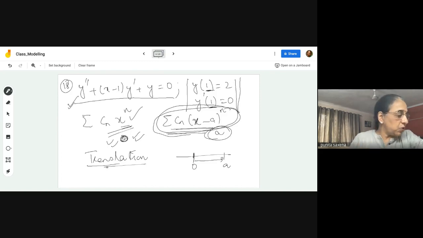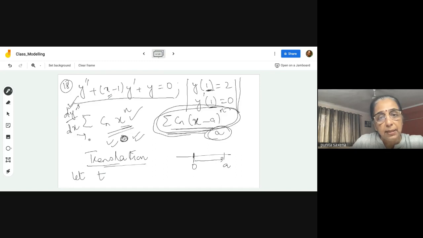So in this case, we simply make a translation where, instead of x, we define our new independent variable. We have to keep in mind that when we talk of a differential equation or the derivatives here, we are talking of dy by dx, so we are assuming that x is the independent variable and y is the dependent variable.